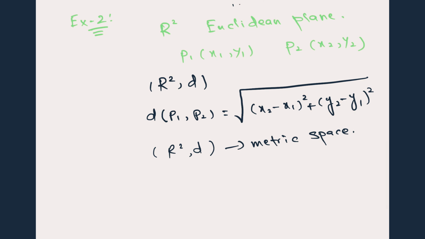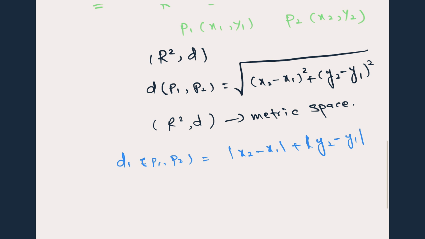Okay. On the same set I can also define another metric in this manner. Let me call this D1. We can have another metric on the same space, where the inputs are 2 points P1 and P2. This will become the absolute value of x2 minus x1 plus the absolute value of y2 minus y1. So, this also defines a metric.